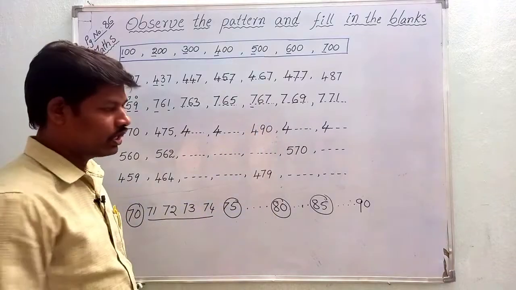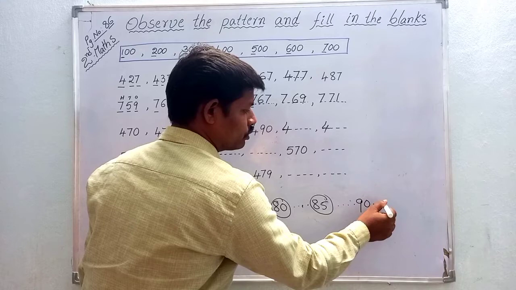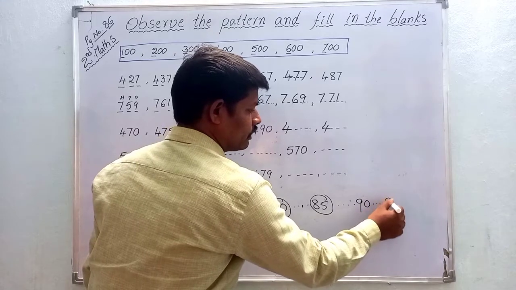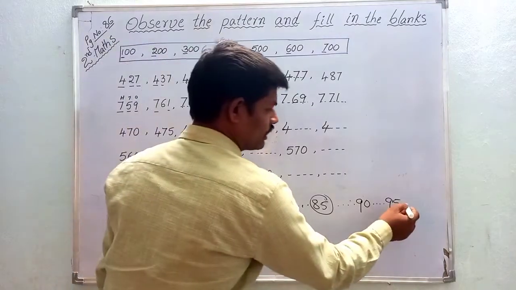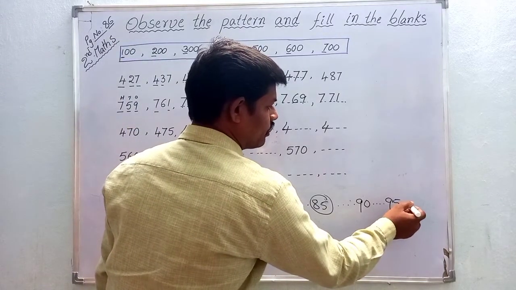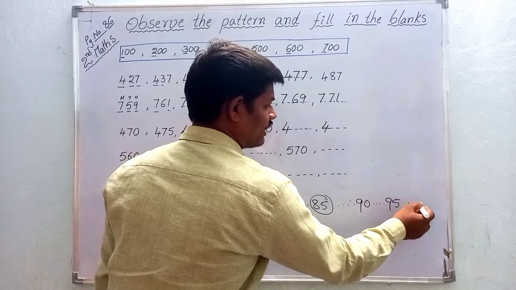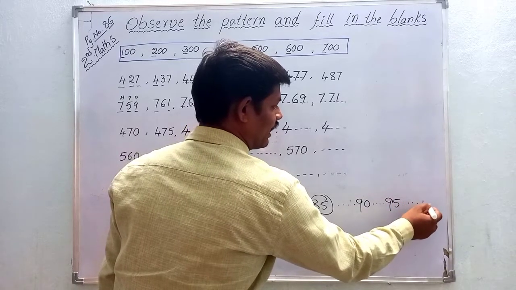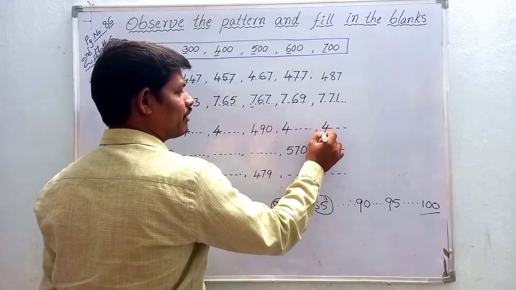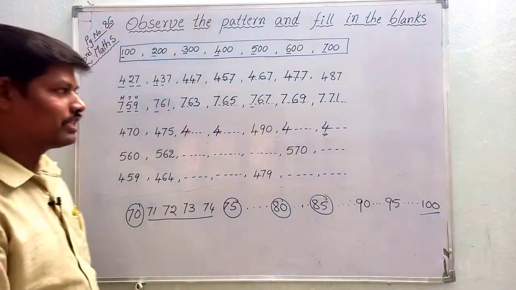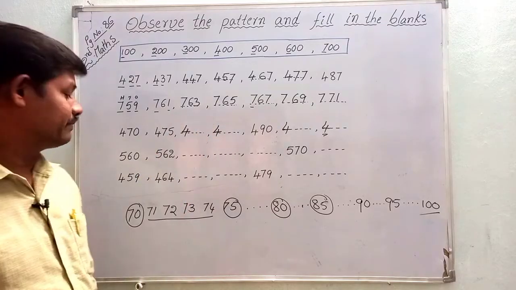Then 4 numbers: 91, 92, 93, 94, 95. After 95 leave 4 numbers: 96, 97, 98, 99, 100. So here 100 came. That means this number will change. We have to change that number. Now let us write and change the number.